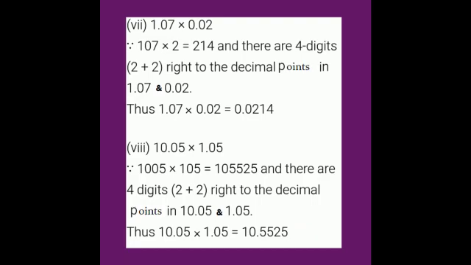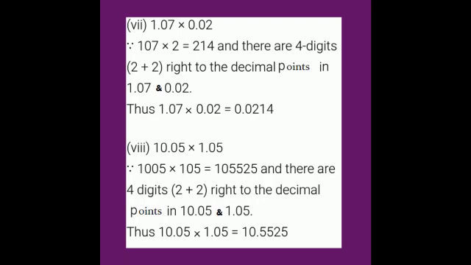Seventh subdivision 1.07 into 0.02. Now without any decimal points, by usual multiplication, 107 into 2 is equal to 214. Since there are totally 4 digits right to the decimal points, which means in 1.07 there are 2 digits right to the decimal point, and in 0.02 also there are 2 digits right to the decimal point.